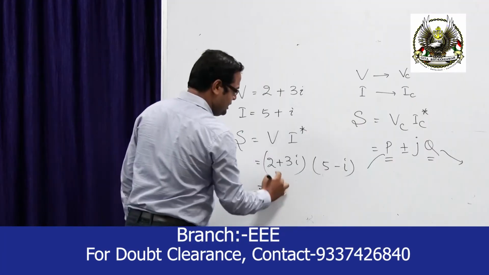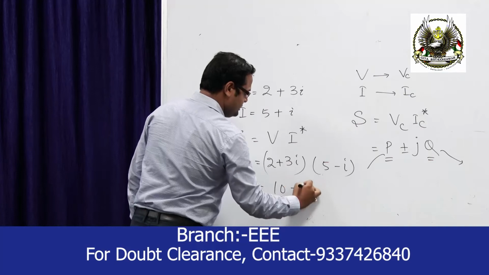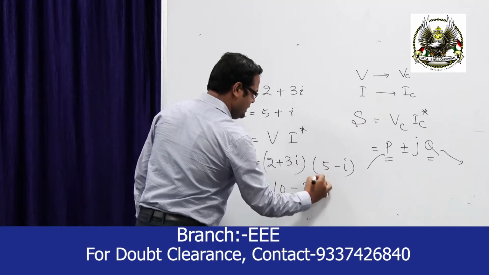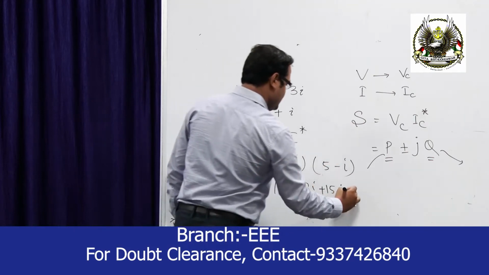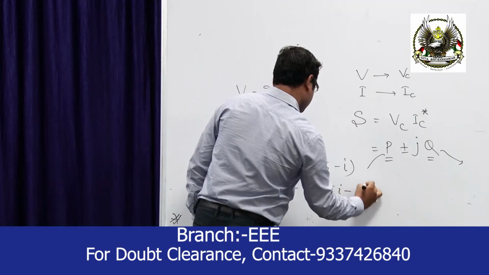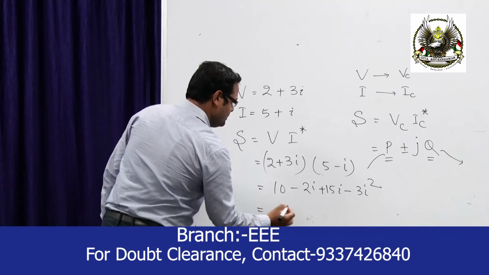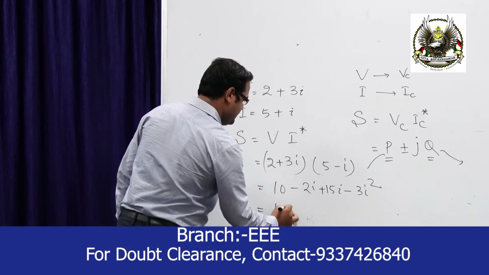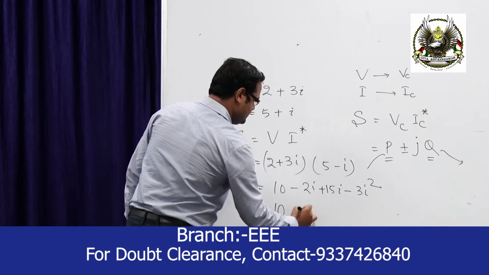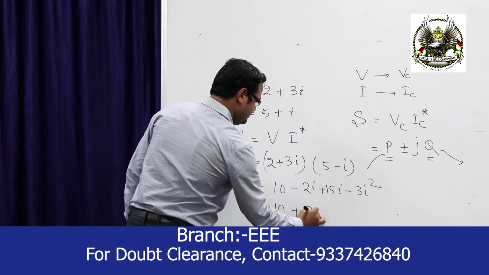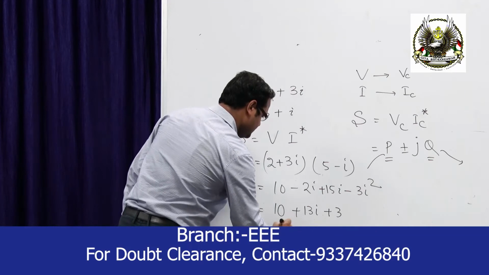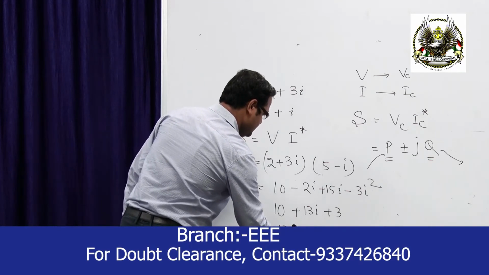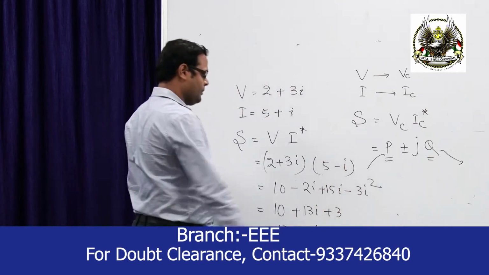Manually also you can multiply: 2 5s are 10, minus 2j, plus 3j into 5, that is plus 15j, minus 3j square. So, it is 10, plus 13j, minus 3j square is plus 3. So, it is 13 plus 13j.